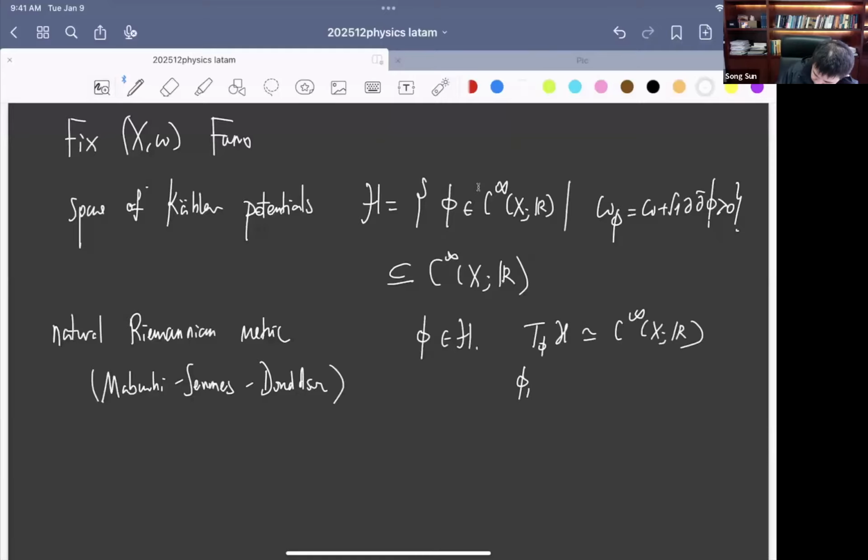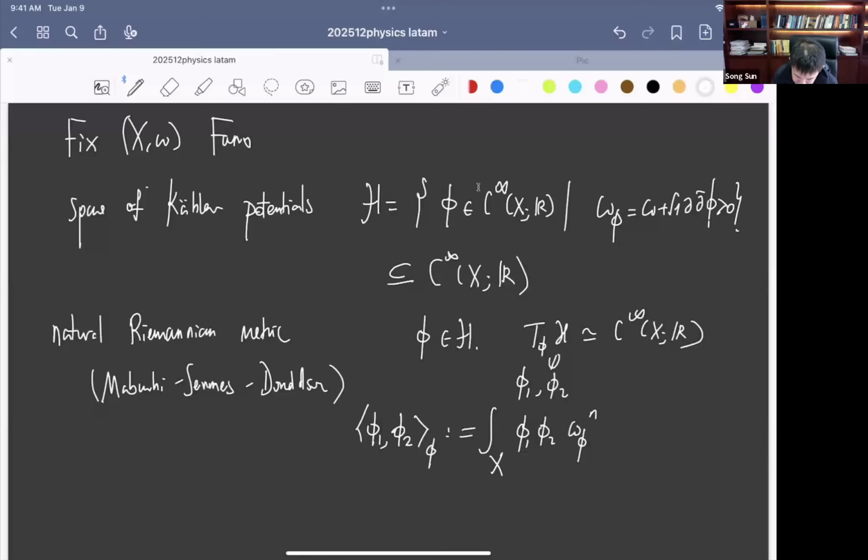If you take two points, phi 1 and phi 2, then I define the Riemannian pairing at the point phi to be the natural L2 inner product with respect to omega phi.